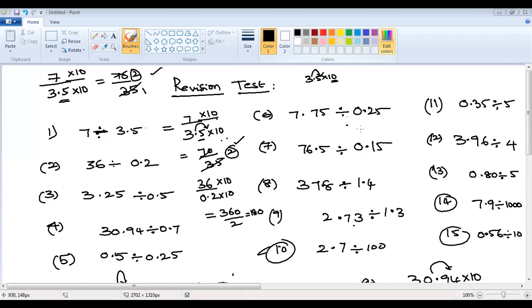Rishikesh, you got 15 marks. Very good. Keep it up. Good work.